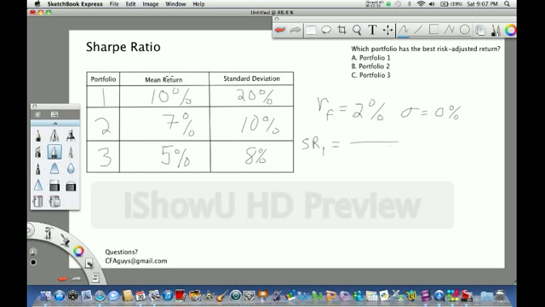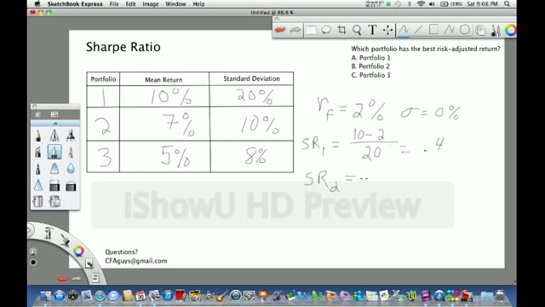So average return, they already give that to you, so it's 10%. And what is the excess return? The excess return is a return over the risk-free rate. So 10 minus 2% divided by the risk. So you standardize it by your risk. You can use a calculator on this test, but if you don't need one, that'll definitely save you time. So that's 8 over 20, which is the same as 0.4. Sharpe ratio on this portfolio is 0.4.